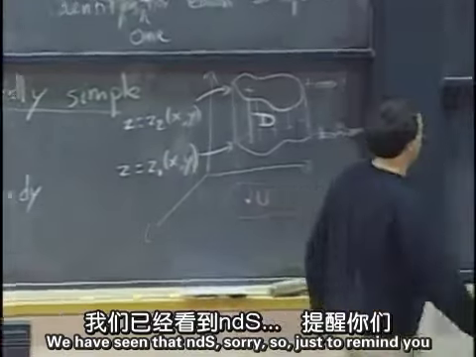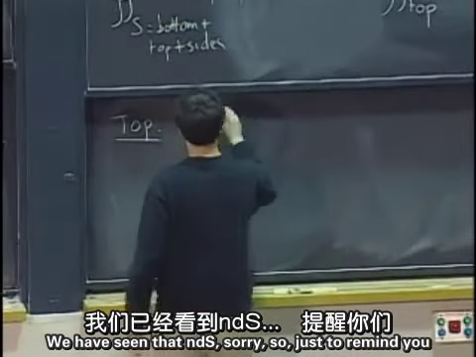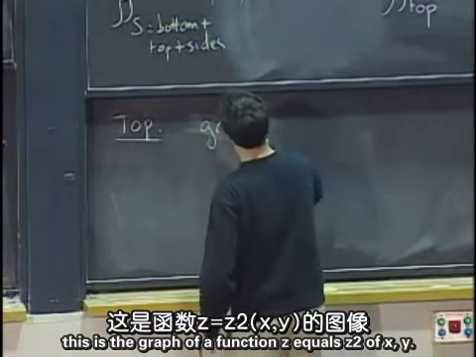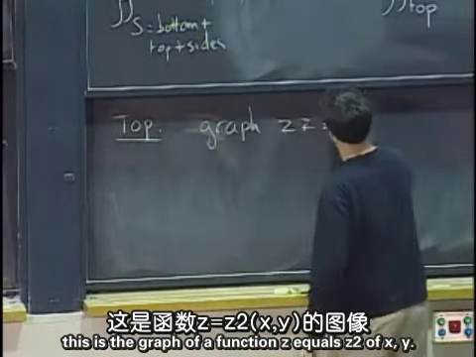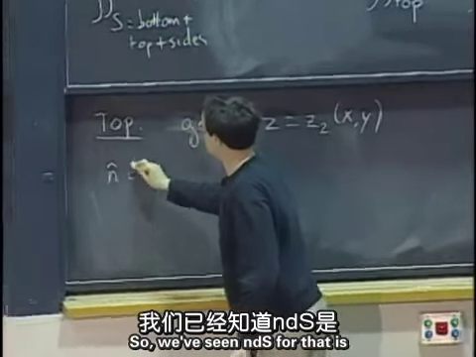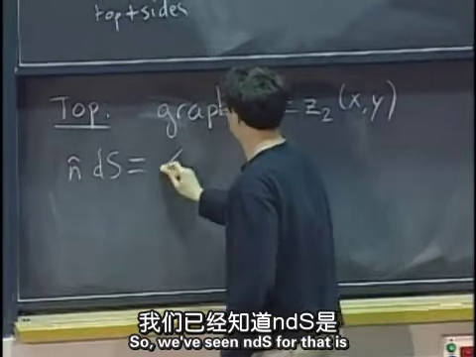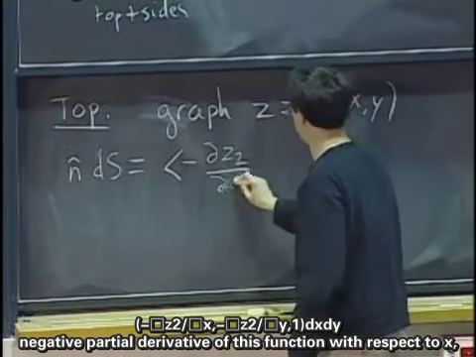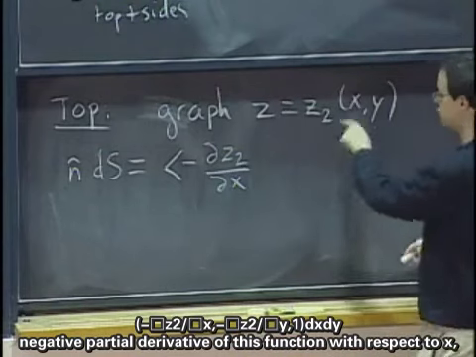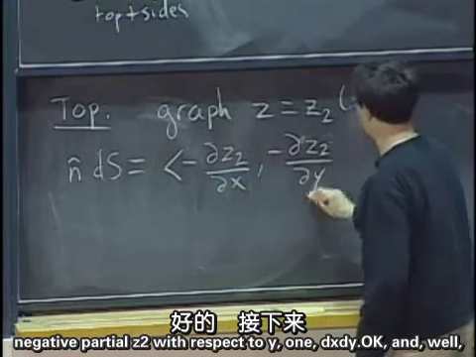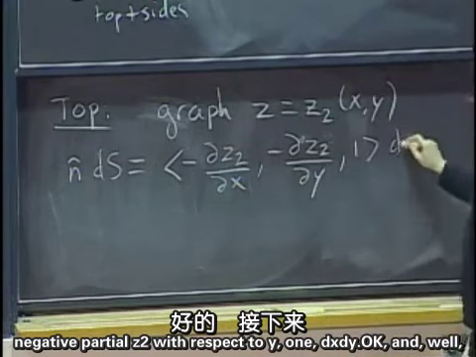This is the graph of a function z equals z2 of xy. So n dS for that is negative partial derivative of this function with respect to x, negative partial z2 with respect to y, 1 dx dy.